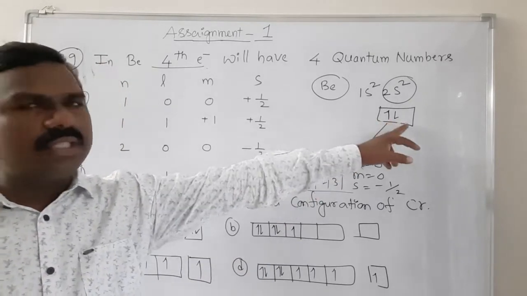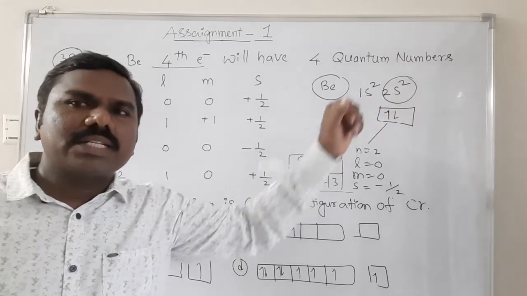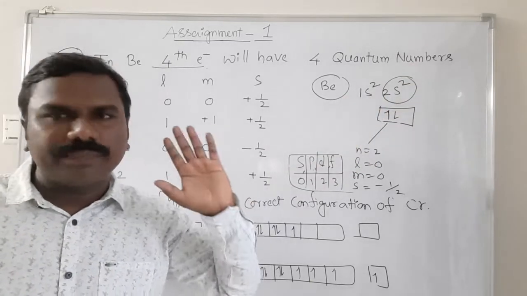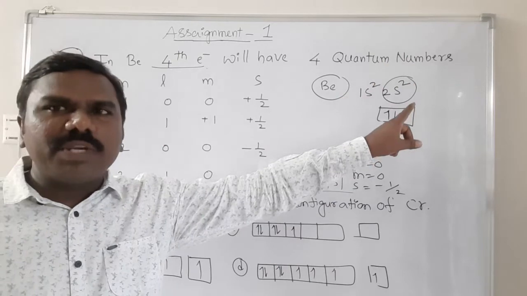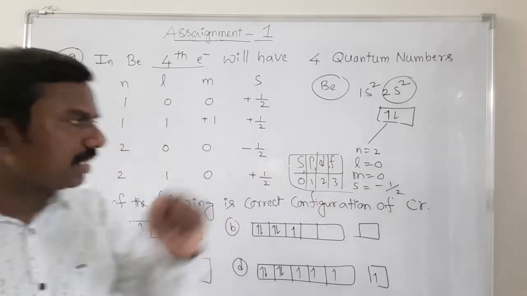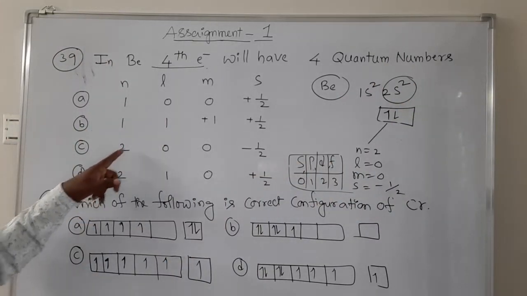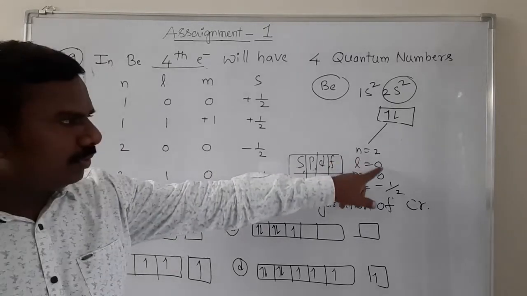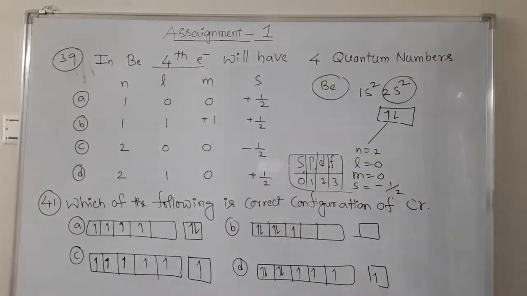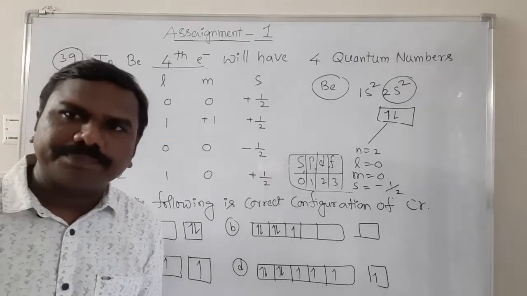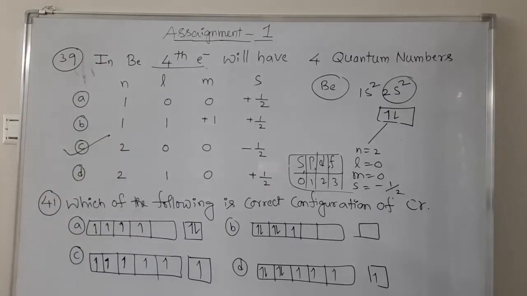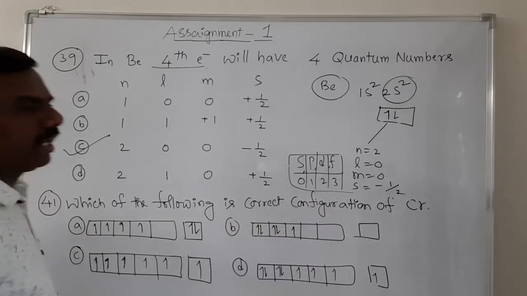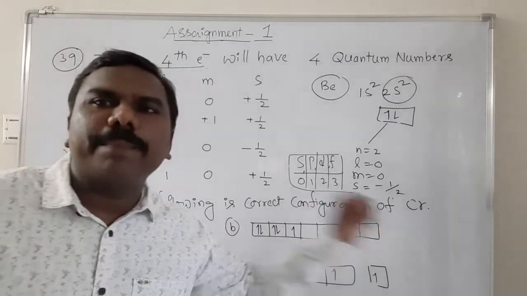Here L is equal to 0 for S orbital, that's why M value is also 0. And the last electron spin will be minus half. That's why which is the right option? 2, 0, 0, minus half. I think option C is correct. Get it? Next, which of the following is the correct configuration of chromium?